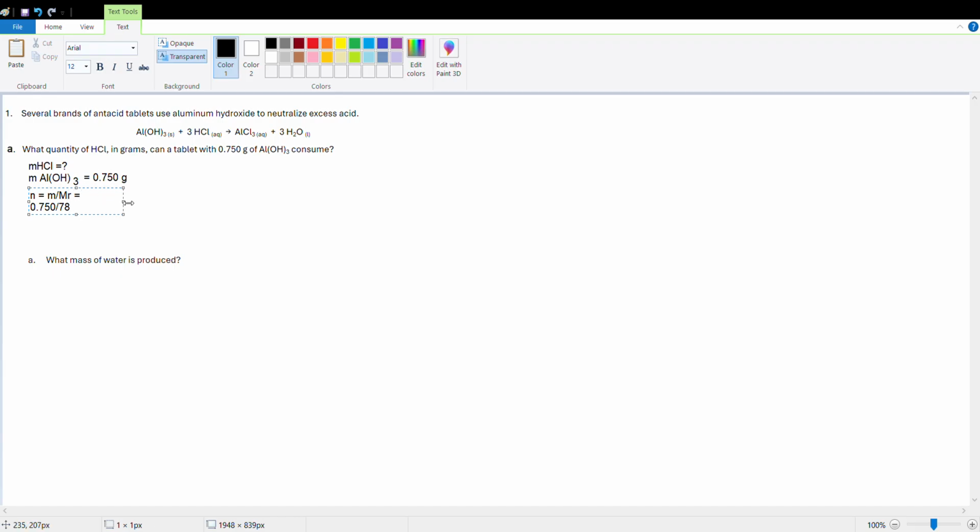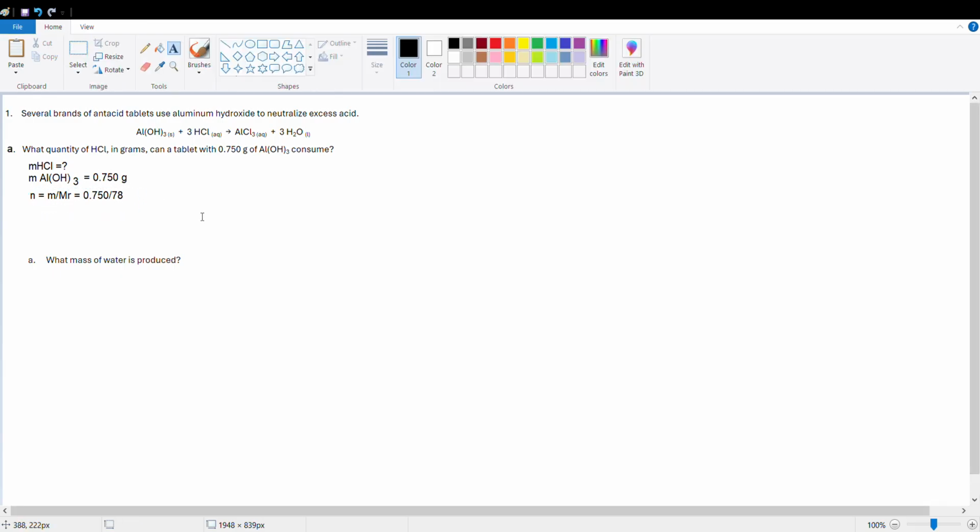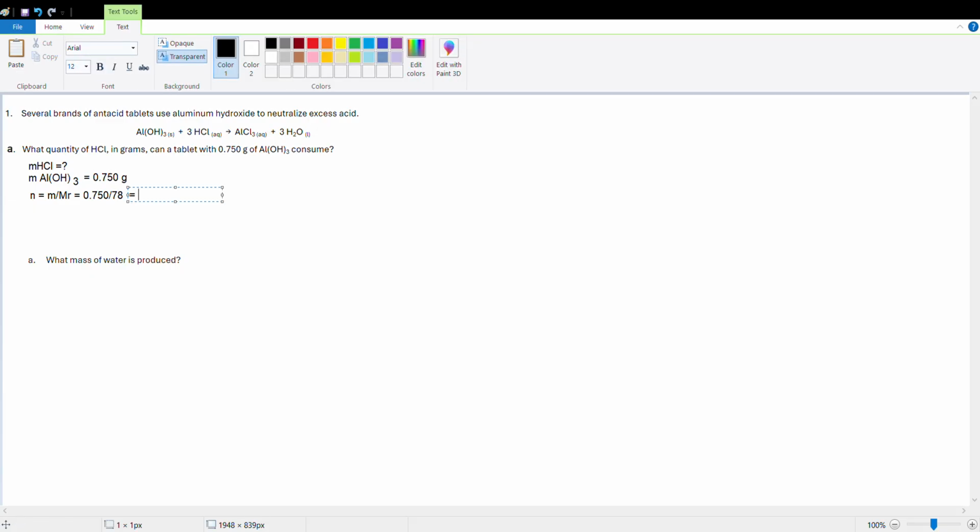I'm going to use the calculator to find 0.750 divided by 78, the Mr of aluminium hydroxide, and that gives me 0.0096, and that is the moles of aluminium hydroxide.